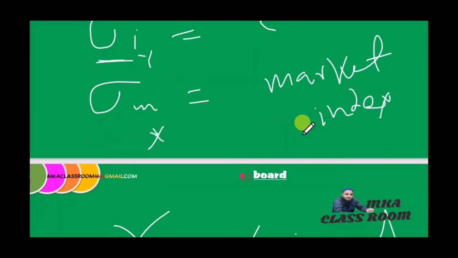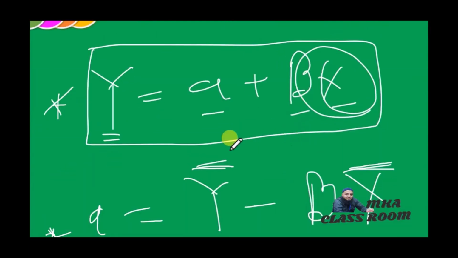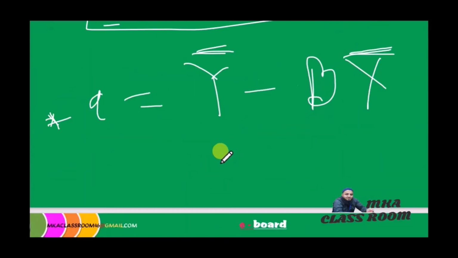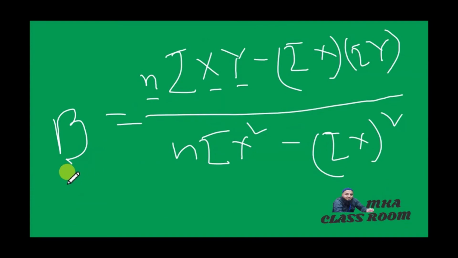So here we have given several ideas. There is the beta: n, x and y, summation x, summation y, n into x square minus summation x whole square. So every value we have calculated. N is 12, summation x and y.